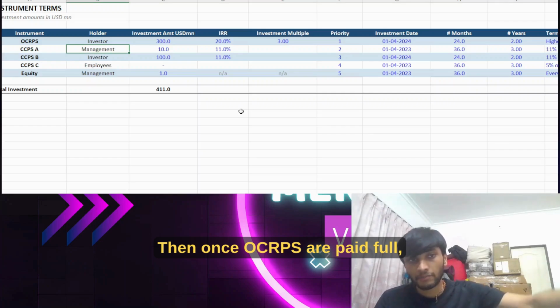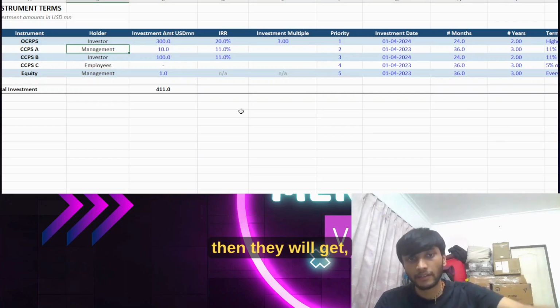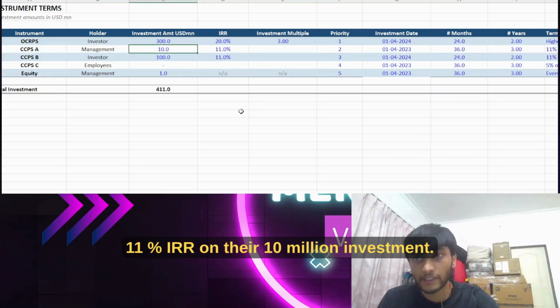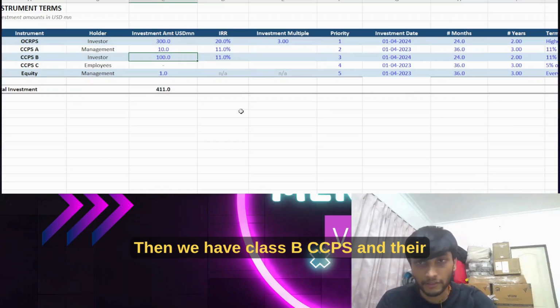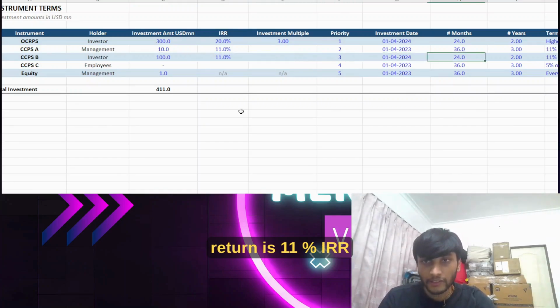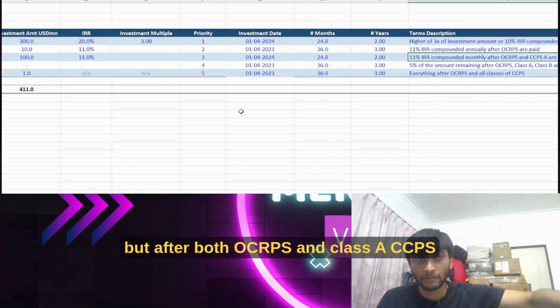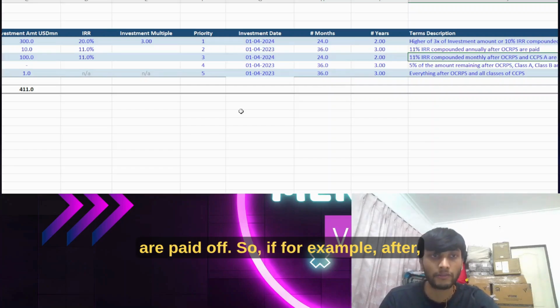Once OCRPS are paid in full, class A will get the priority, and they will get an 11% IRR on their 10 million investment. Then we have class B CCPS, and their return is 11% IRR compounded monthly, but after both OCRPS and class A CCPS are paid off.